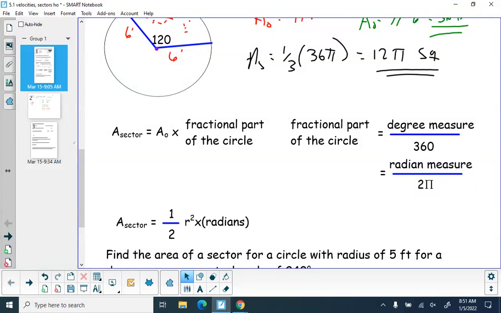If you're bent on formulas, you can also calculate the area of the sector as 1/2 radius squared times your number of radians.